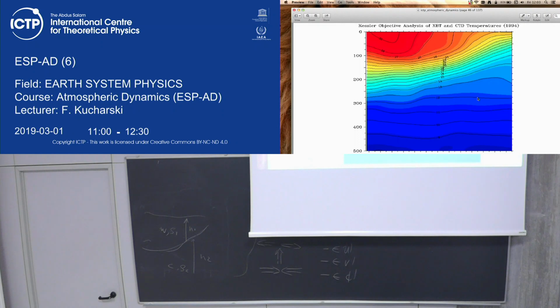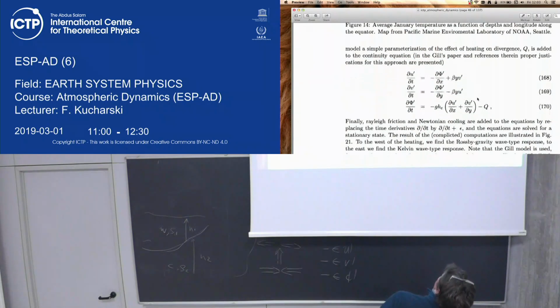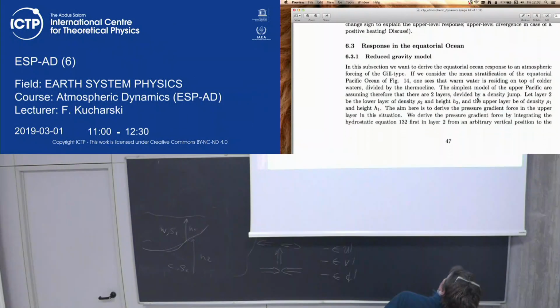I think this is the right way to look at it. So we keep things simple in this model.